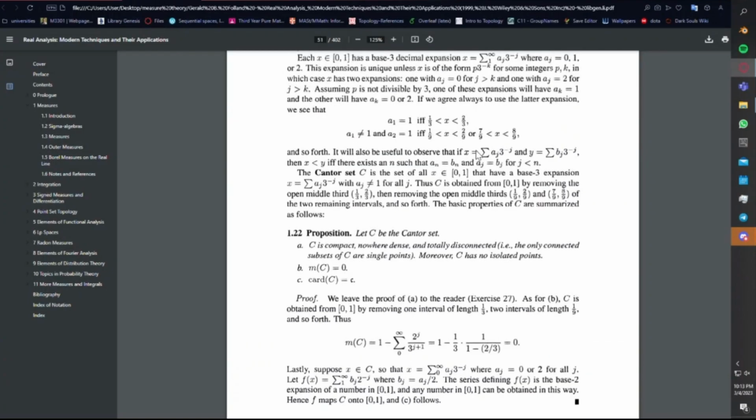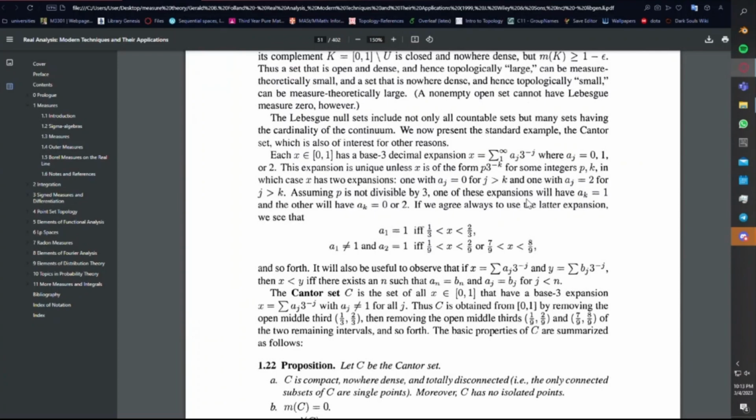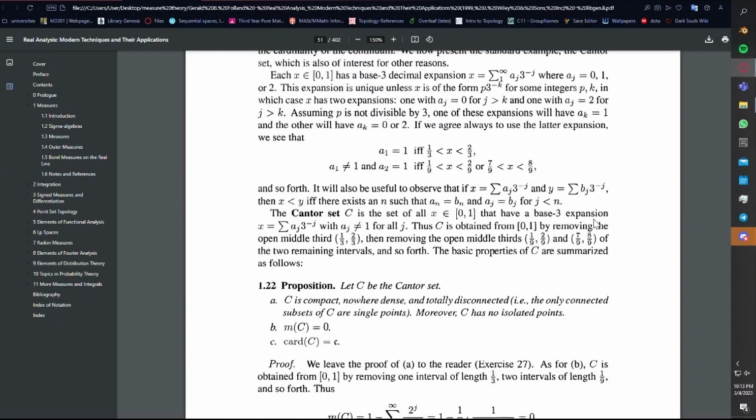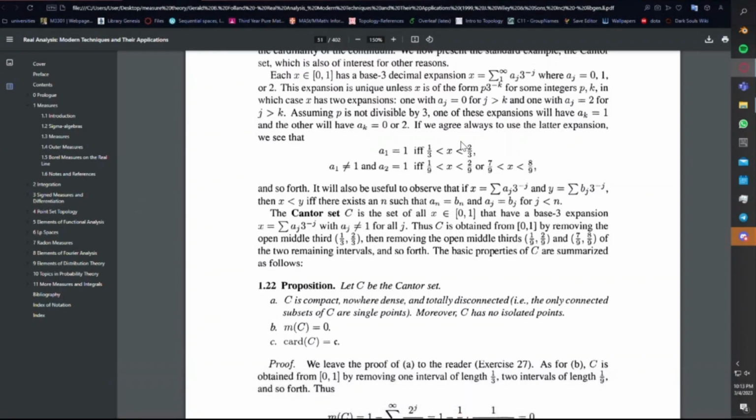So there's one thing that I didn't understand, which is I'm not sure what they meant by the set of all x that have base 3 expansion. Well, at least, why is it defined this way? Or is this important to understand instead of just what I just mentioned? I think both ways are useful. It's just another way of formally phrasing that you're deleting the middle third each time.